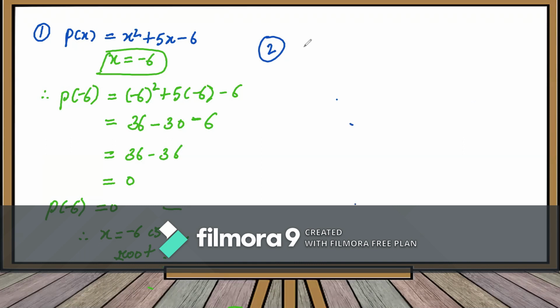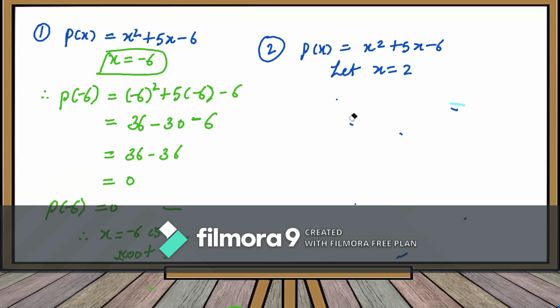The second one says p of x is equal to x square plus 5x minus 6. Again the same one, but now the value is different. Now let x be equal to 2.